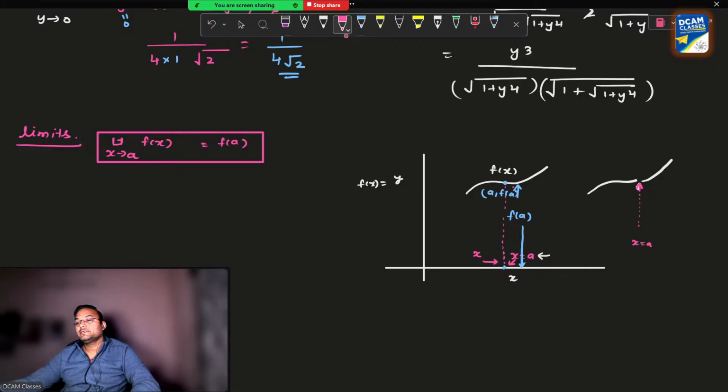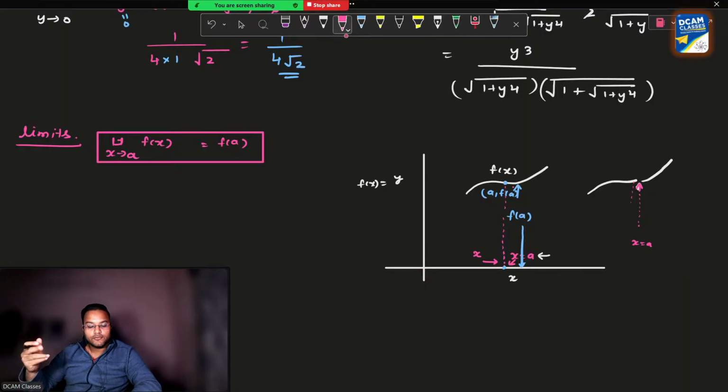In that case, you will have to find the value at a point just left to a and at a point just right to a. That is why, because we have to take into account all the graphs, may be broken or continuous. We have to take into account all the types of graphs. That's where we have introduced the concept of limit.